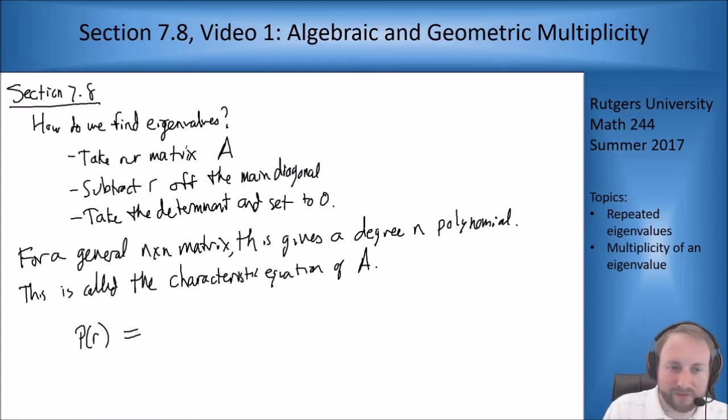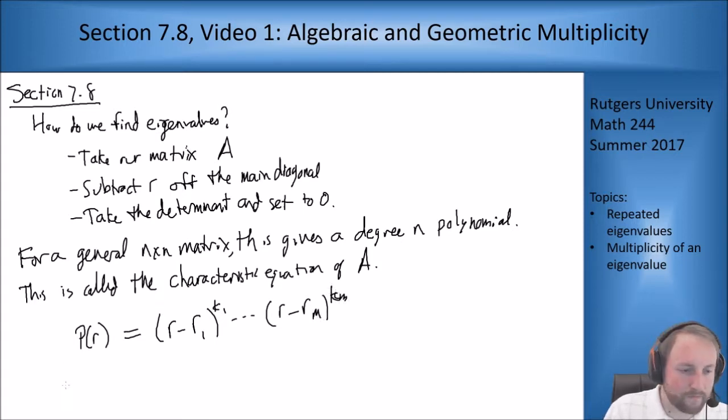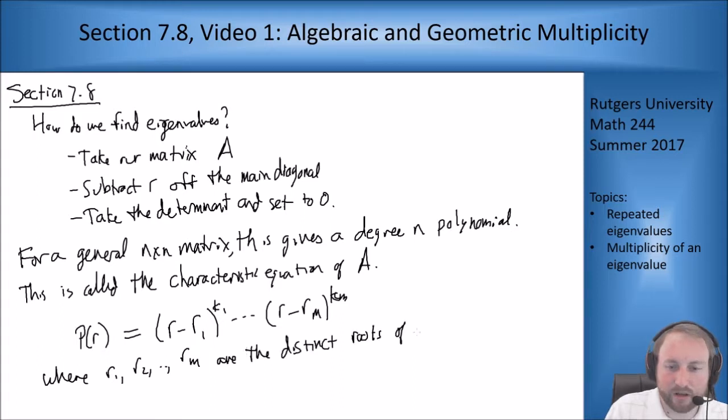And since it factors completely, I can write it as a product: (r minus r1) to the k1 times up to (r minus rm) to the km, where r1, r2, up to rm are the distinct roots of P. If I have, say, r minus 1 squared in my polynomial, I'll just write it as r minus 1 squared, not r minus 1 times r minus 1. I want to just focus on the distinct roots here.